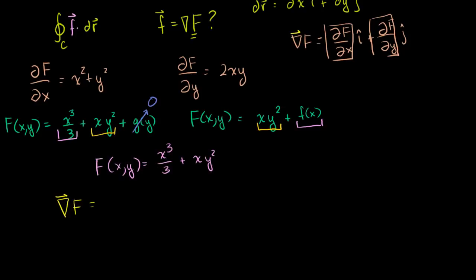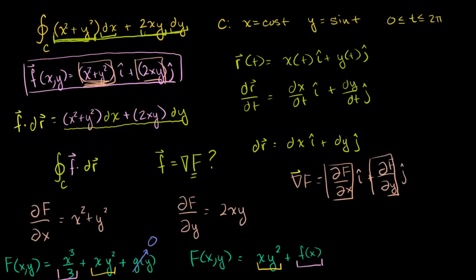The derivative here is 3 divided by 3 is 1, so it's just x squared plus the derivative of this with respect to x, which is y squared, times i, plus the partial with respect to y. Well, the partial with respect to y of this is 0, and the partial with respect to y of this is 2xy. So it's 2xy times j. And this is exactly equal to our f that we wrote up there.